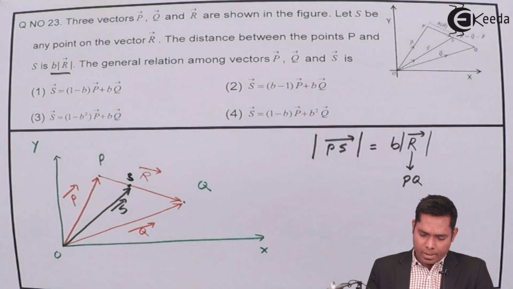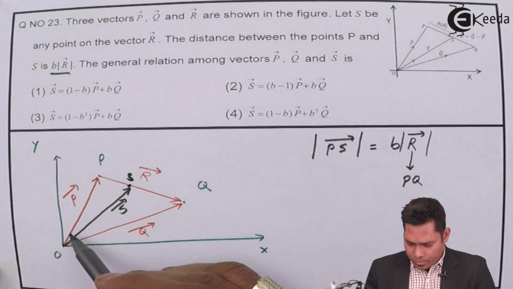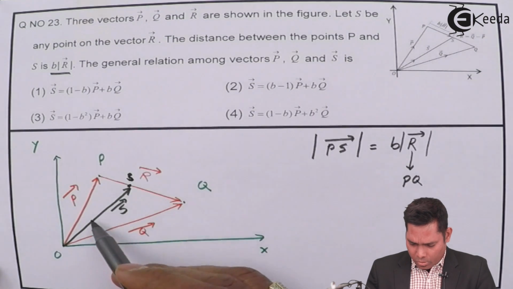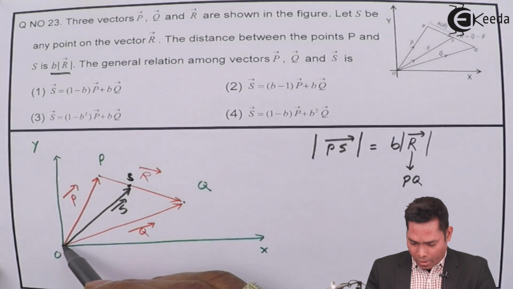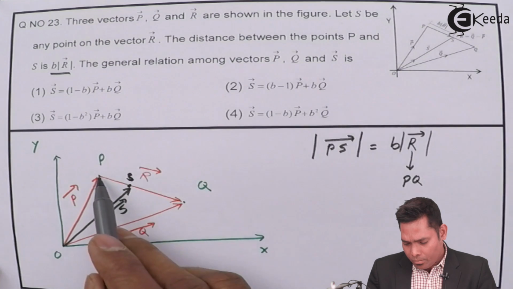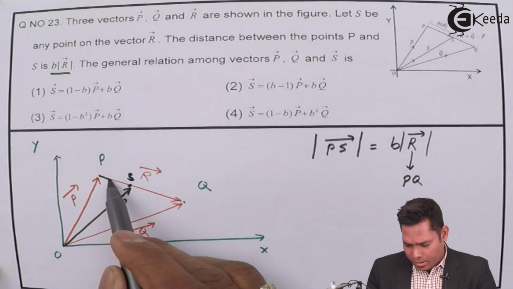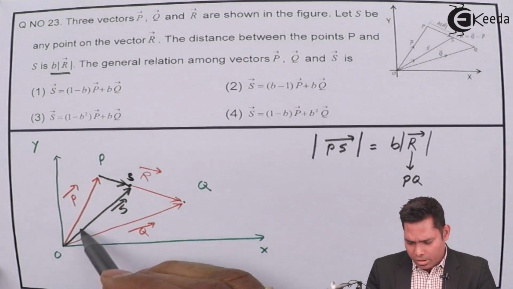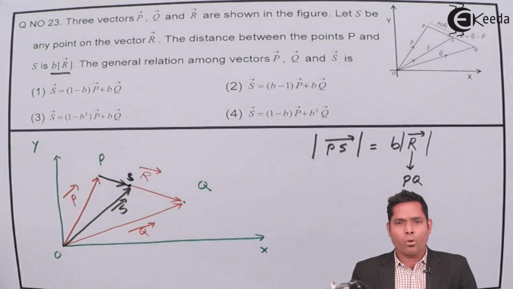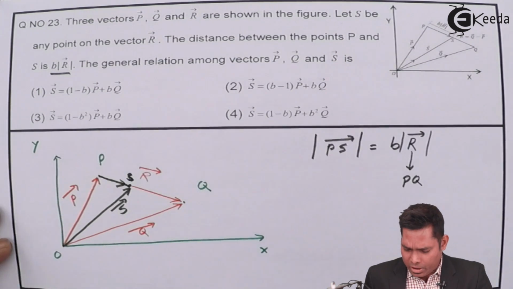So I will consider these two vectors. This P vector plus this vector is this vector. This is from the triangle law of vector addition.